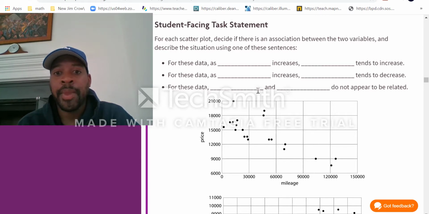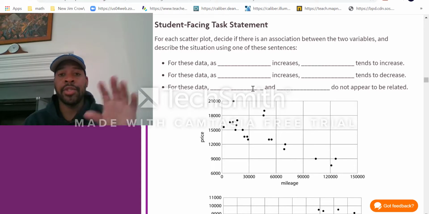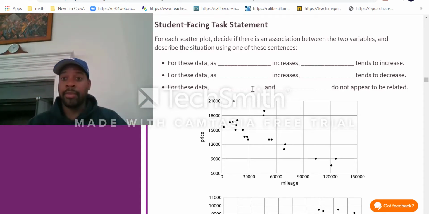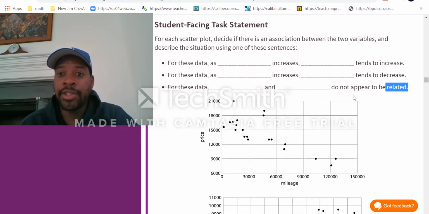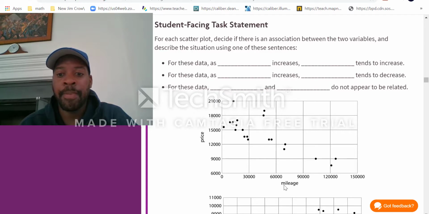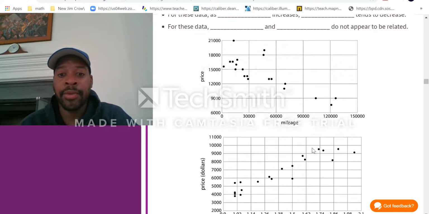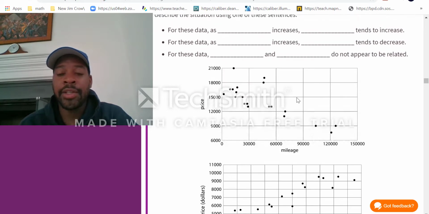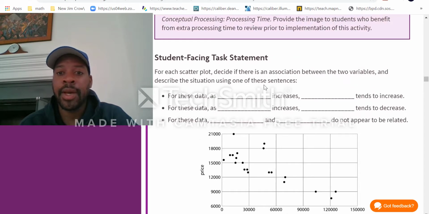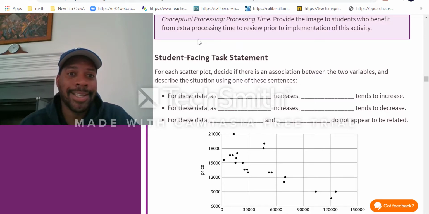And then blank and blank don't appear to be related, right? So there's no association, whether it's negative or positive. You can't determine whether it's negative or positive. So you look at these three graphs and determine which one fits with one of these, and then you're just going to input whether it's mileage and price, price and carats, or temperature and energy. That will be filled in there. Okay, so that's for Lesson 6.